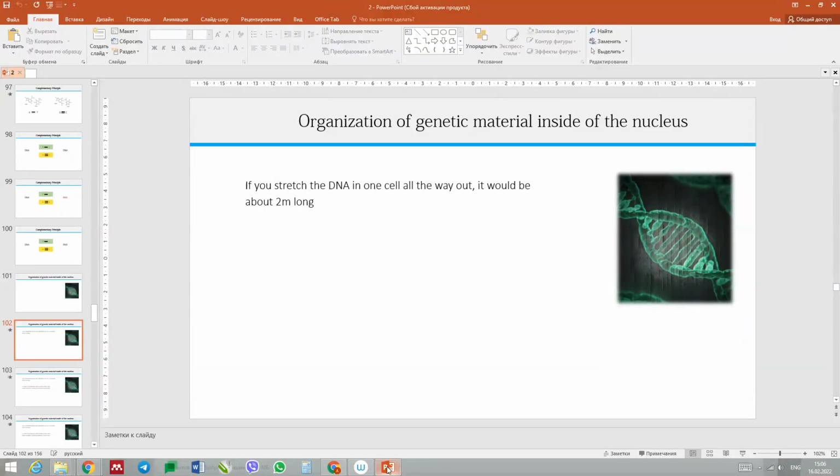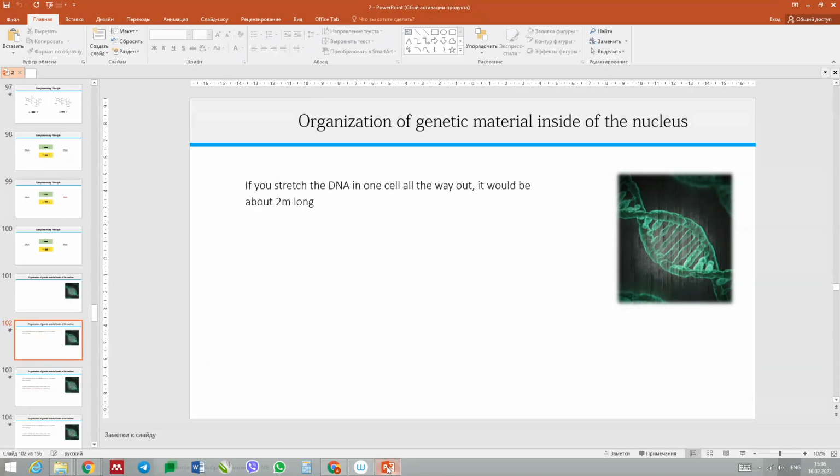Surprisingly, the DNA molecule is so long that if you stretch the DNA of one cell all the way out, it would be about 2 meters long. Imagine, one cell is so small that you cannot see it without a microscope, and the nucleus is even much smaller.